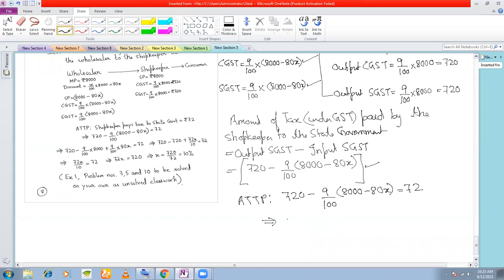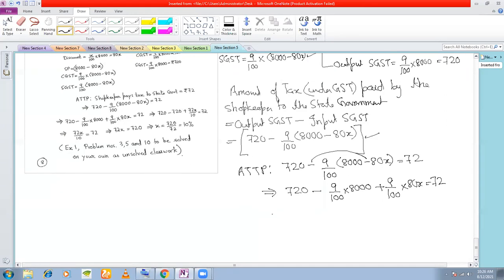So how do we solve? You multiply 9 by 100 throughout. So 9 by 100 into 8,000. And this minus sign combines with this minus sign to become a plus sign. So 9 by 100 times 80x is equal to 72. So 720 minus, now this 2 will cancel here.